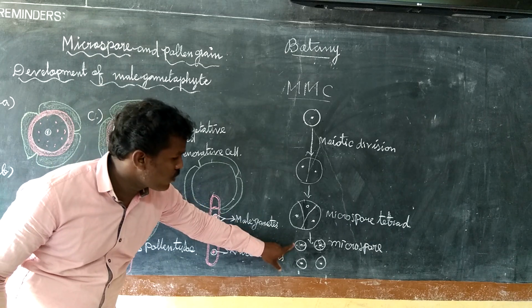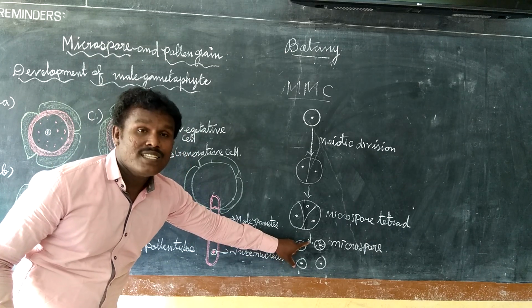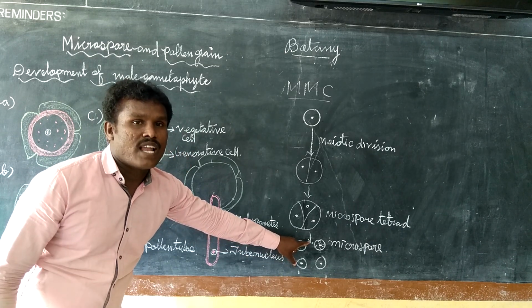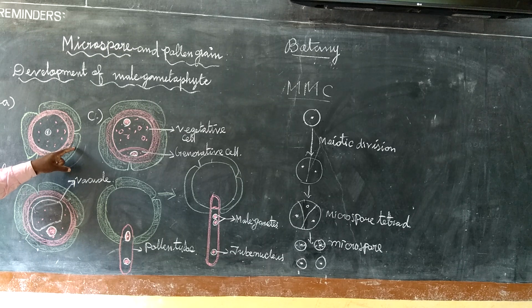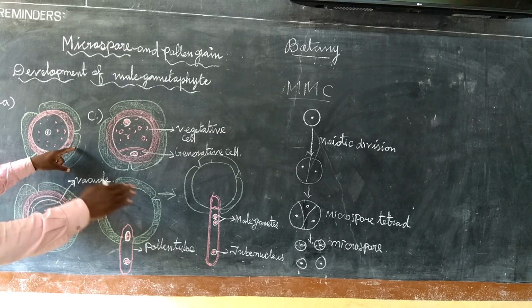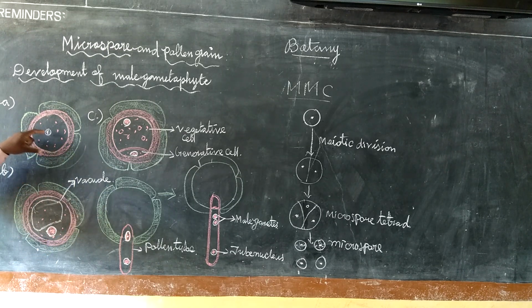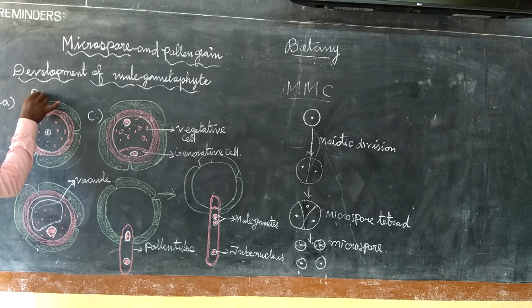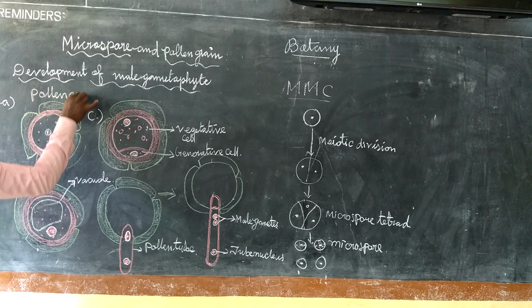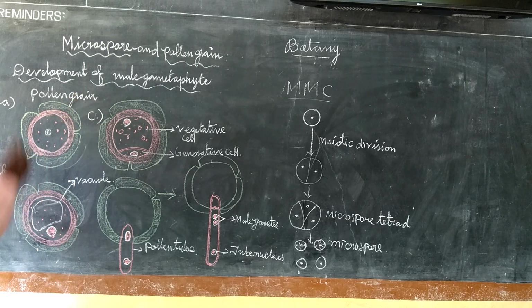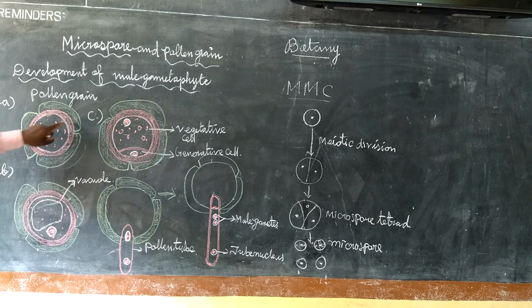As I said, the microspore has a thin cell wall. When it is getting mature, it forms the intine and exine layers. As a result, it is said to be a pollen grain. So the pollen grain has intine and exine.